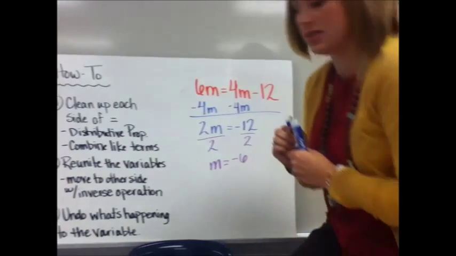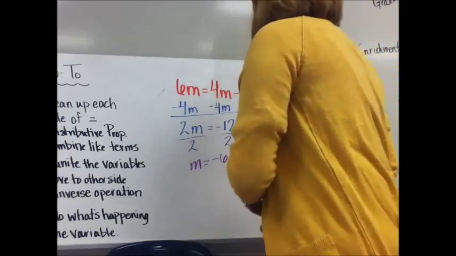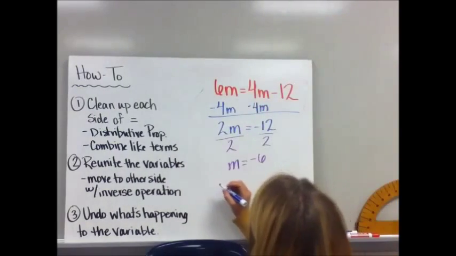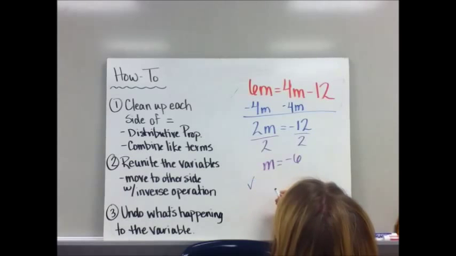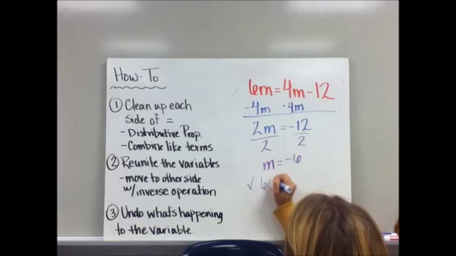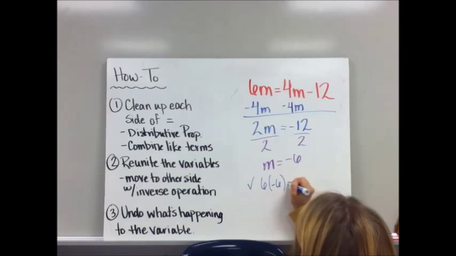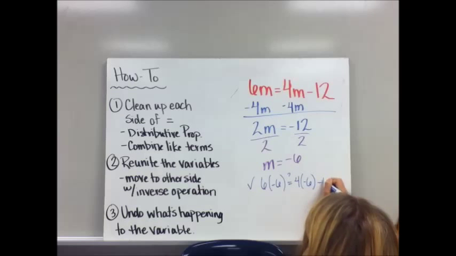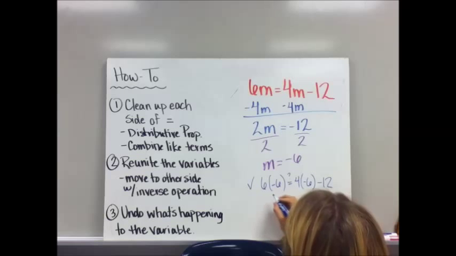And we can check this just like we've been doing before. Come down here to do this. Substitute in 6 times negative 6, we're going to see if that's equal to 4 times negative 6 minus 12. 6 times negative 6 is negative 36.